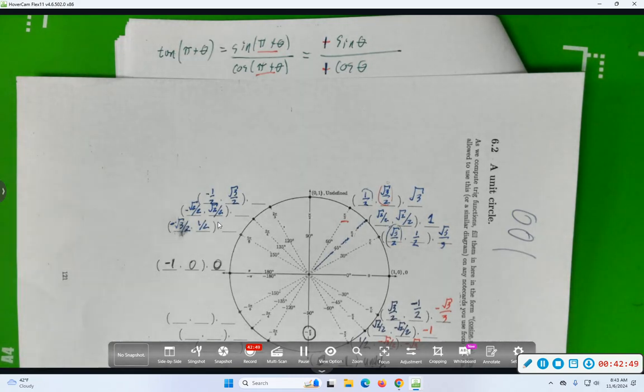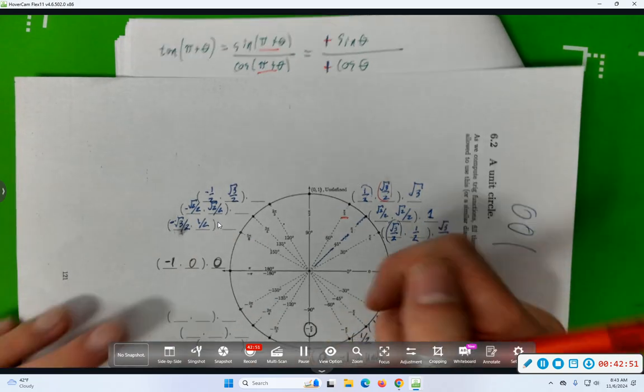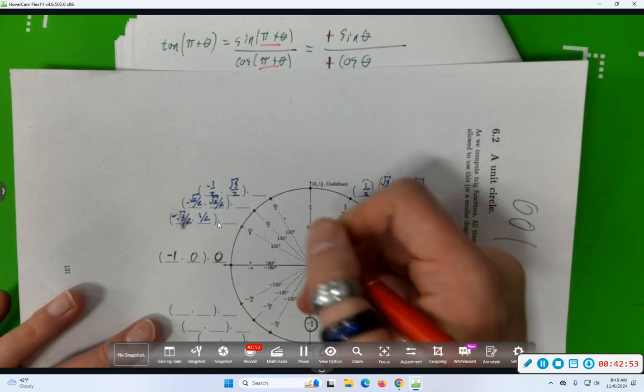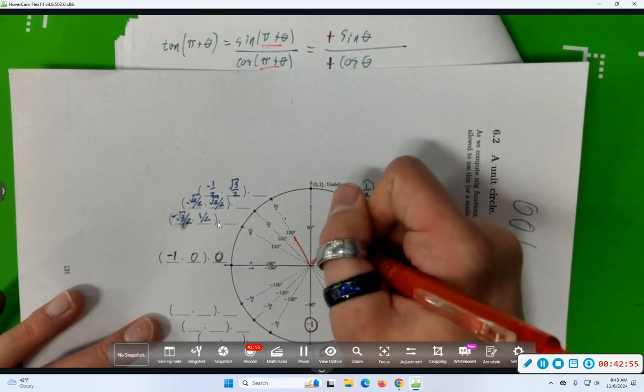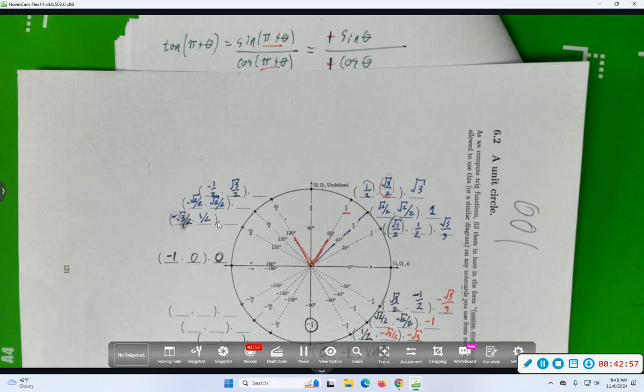And you know what, let's also think about tangent, but let's not think about it algebraically right now. Tangent is the slope. Those two orange lines I just drew, how do their slopes seem to compare? Let's see, their rises and then runs are both equal, right? But negative of each other.